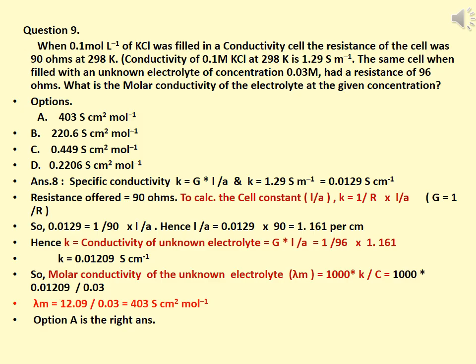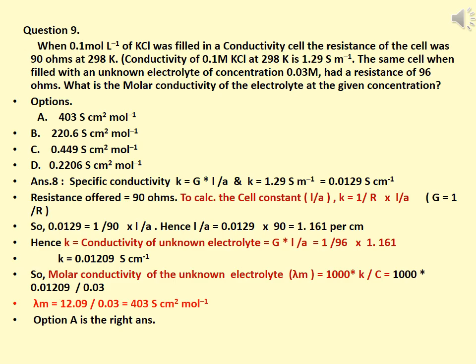So kappa is equal to 1 by 96 into L by A, which is 1.161. 1 by 96 into 1.161 is equal to 0.01209 Siemens per centimeter. That is the kappa value.